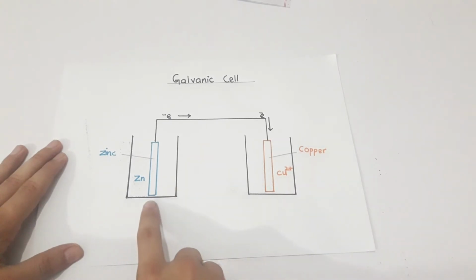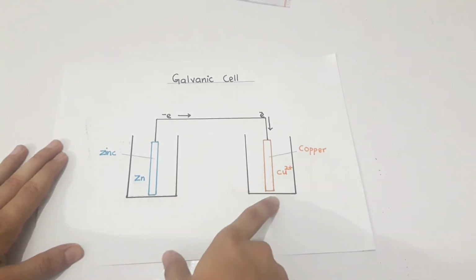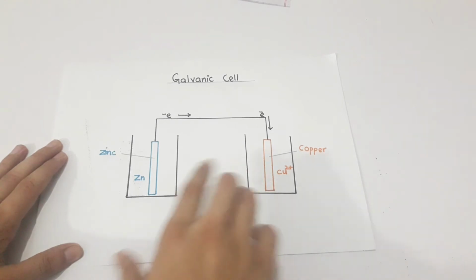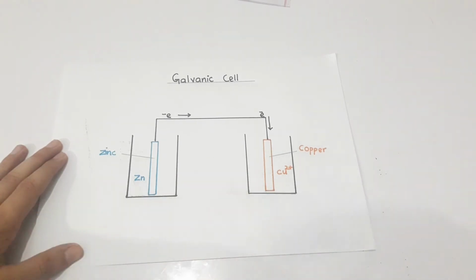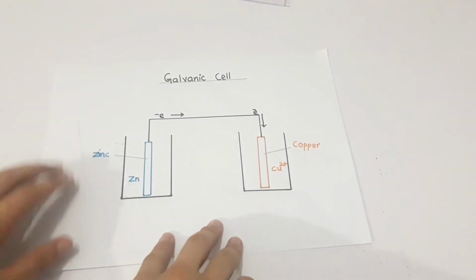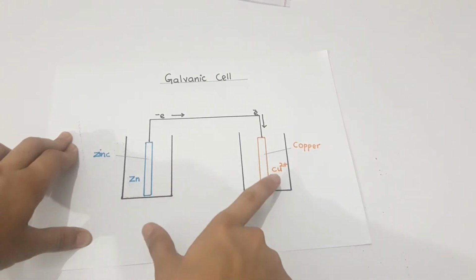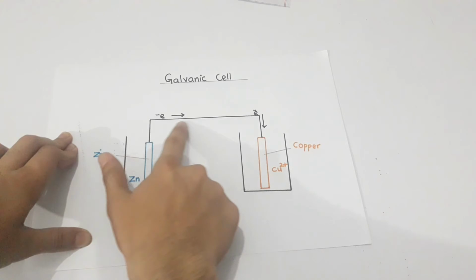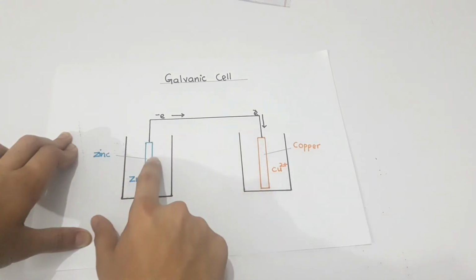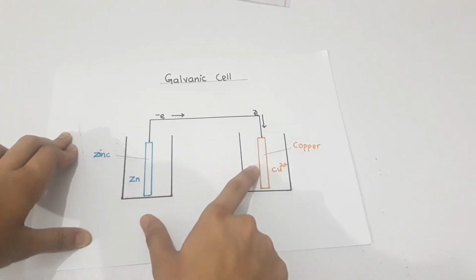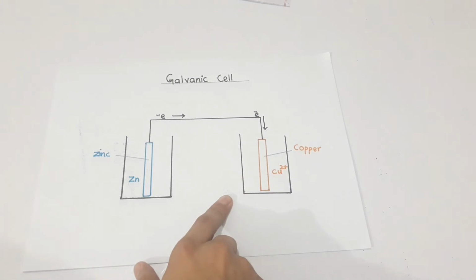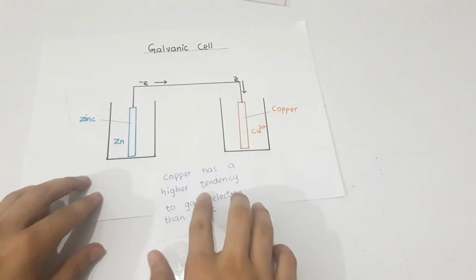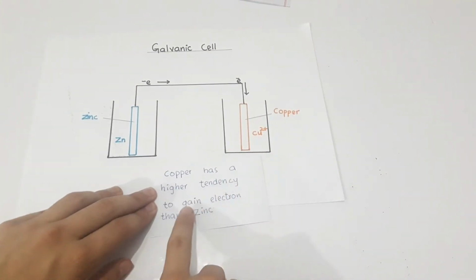It uses zinc metal and copper to create electricity. If we put zinc metal near the copper, the electrons will naturally move from zinc to copper because copper has a higher tendency to gain electrons than zinc.